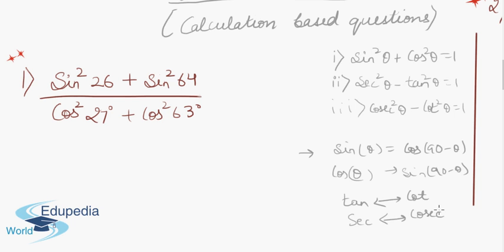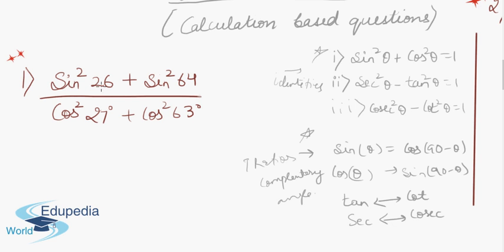So let us start our first question and see how we can apply these two bits of information, the identities and the complementary angle ratios.